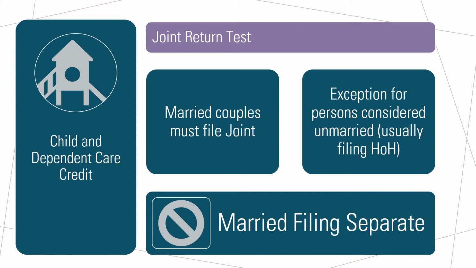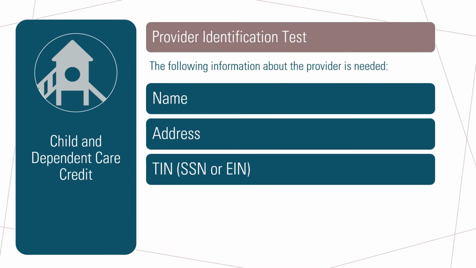And usually in that case, the reason why they're considered unmarried is so they can file head of household. Just the general rule of thumb with this credit is if they're married filing separate, they cannot claim this credit.